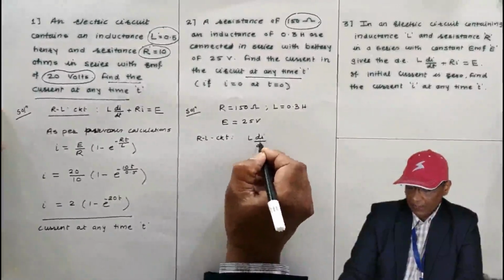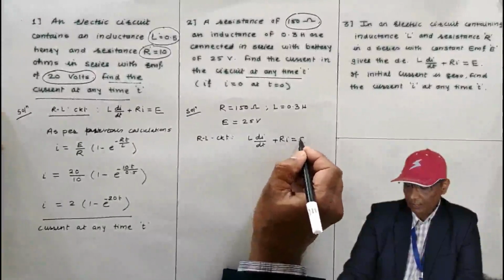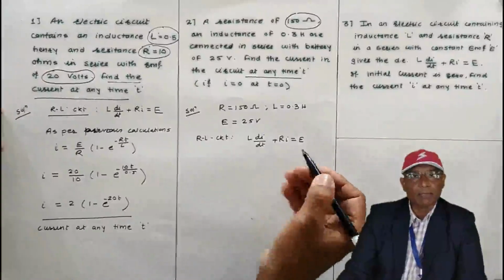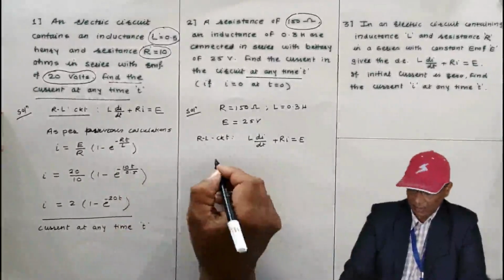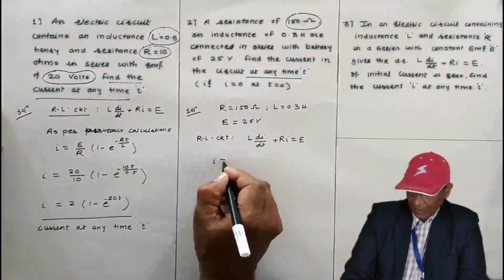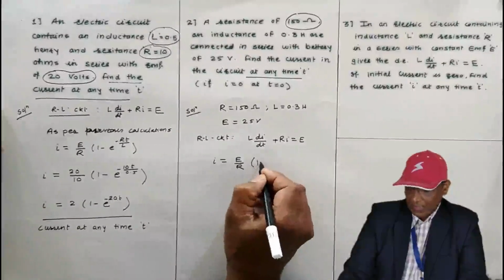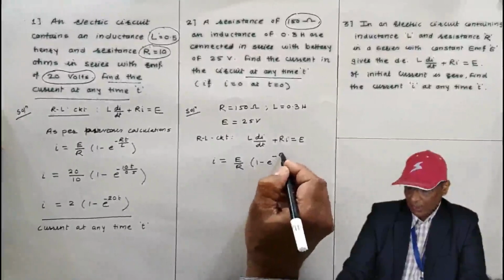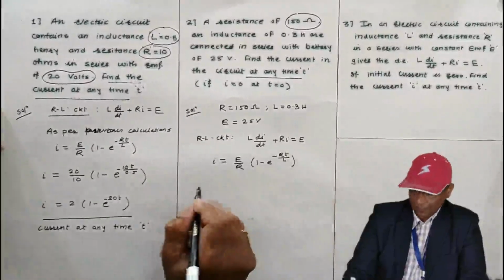L di by dt plus Ri is equal to E. Then divide by L, that will be a linear differential equation, find the integrating factor, write down the solution and so on. But I am writing directly here, I is equal to E by R. In the examination, you have to show how this has come, remember.